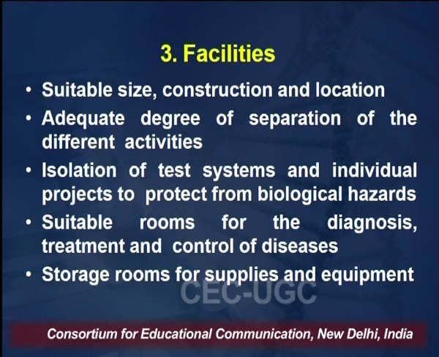And suitable rooms for the diagnosis, treatment and the control of the disease. Now, these three are important for conducting work on communicable disease: diagnosis, treatment and the control of the disease. For non-communicable disease, we can relax some of the guidelines, but whenever we are speaking about communicable disease, it can communicate from one person to another person, from one lab to another.